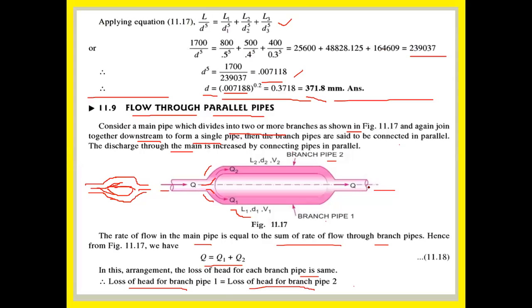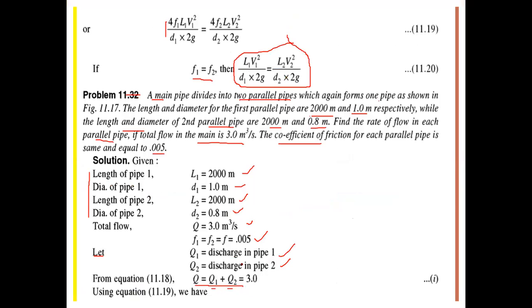Now, in the last class we already derived the formula for the parallel pipe connection. So we have Q1 and Q2. Based upon this parallel pipe connection, we have solved some problems in the last class, and these were completed easily.